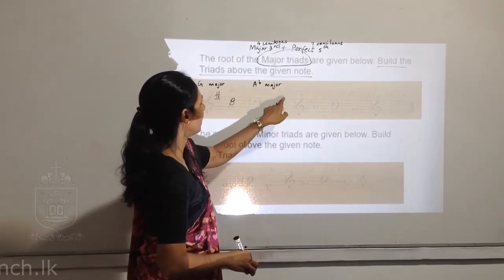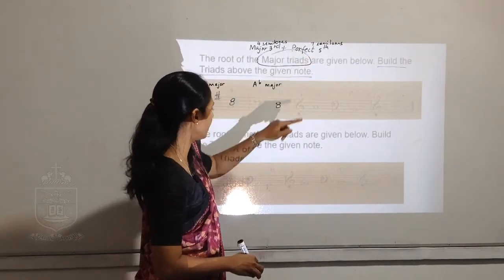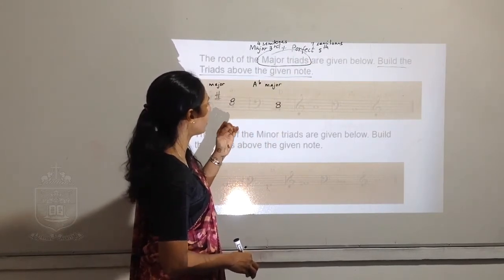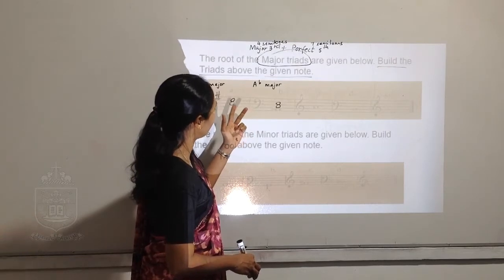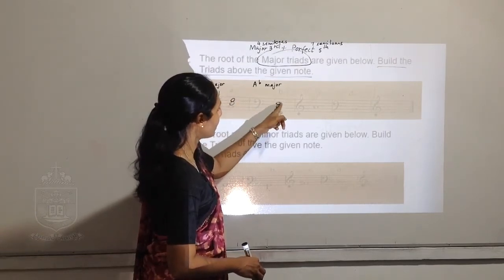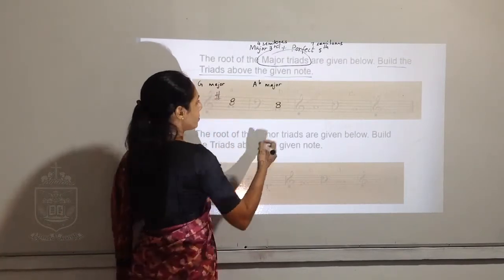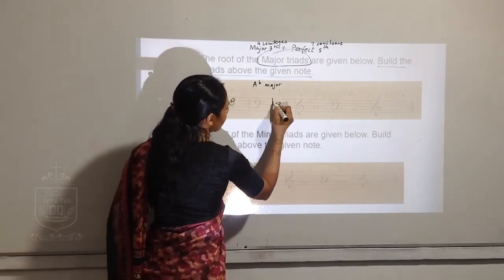From here to here, perfect fifth. We check the semitones. A flat to E, A flat to A sharp, B, C sharp, D, D sharp, E. So there are 8 semitones. So we have to reduce one semitone. So we will put E flat.